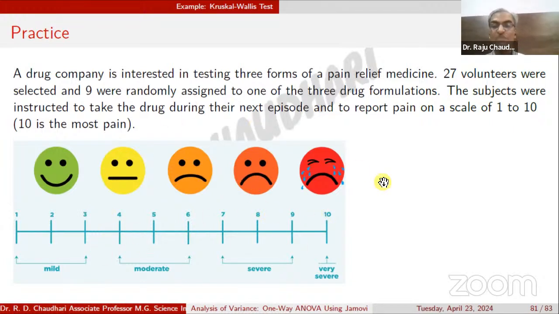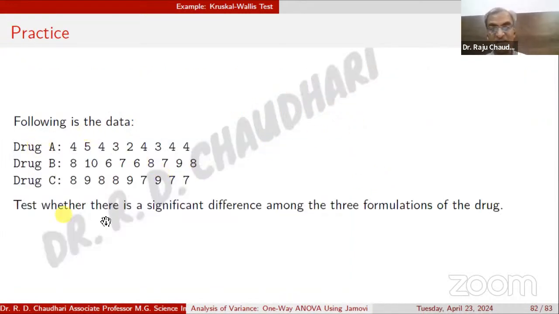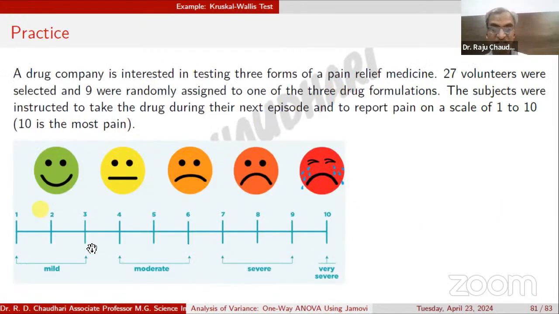So when we have this type of data, look at this: drug A, drug B, drug C. Using drug A, this is the rating scale of 1 to 10, and you want to compare.